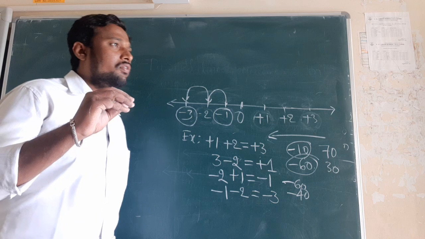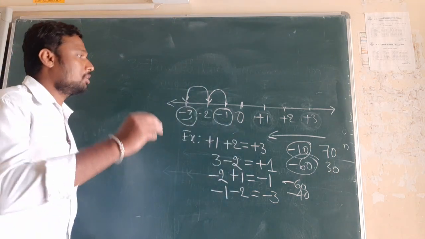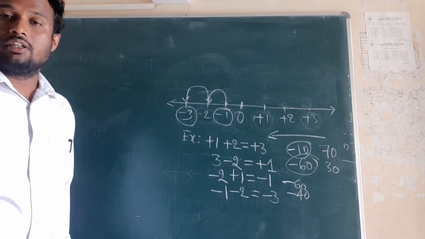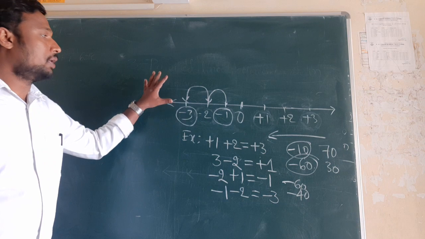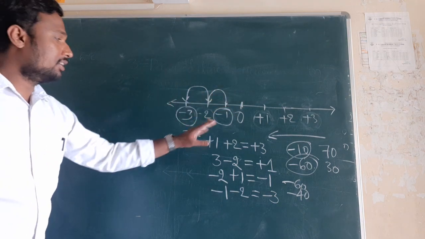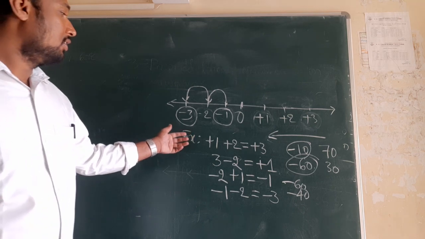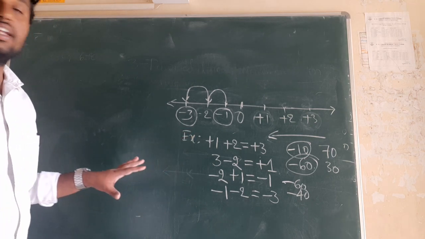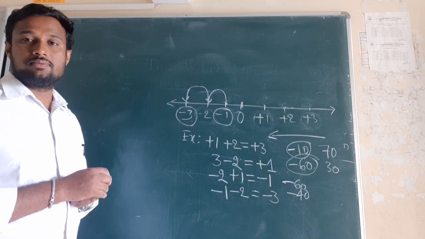But we use this for understanding the concept of integers very easily. By observing this number line, with numbers of lesser value, we can understand this concept very easily, meaning how to add and how to subtract.